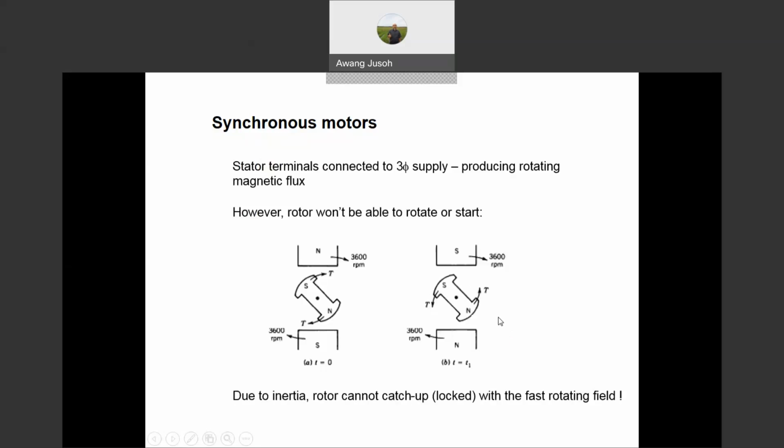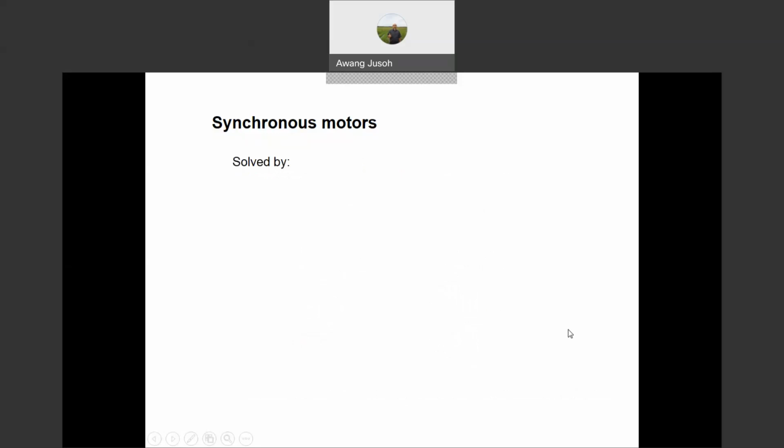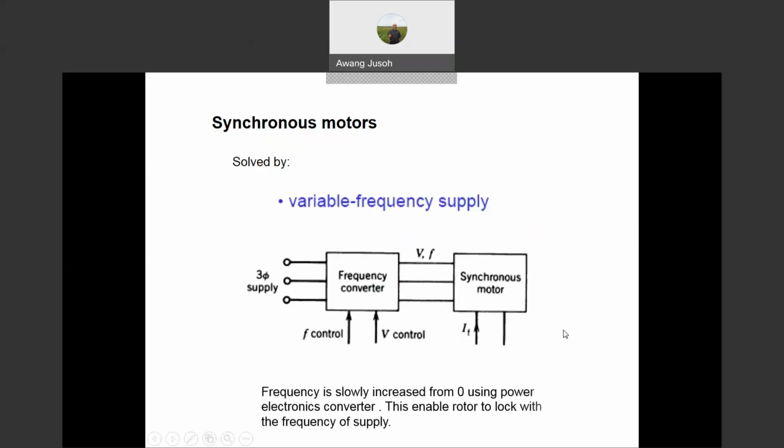So how do we solve the problem? How can we create torque in the machine so that the machine can rotate synchronously with the air gap flux? This can be solved, first, by using what we call a variable frequency supply. This is a three-phase supply; we go to the frequency converter first, normally the inverter block.